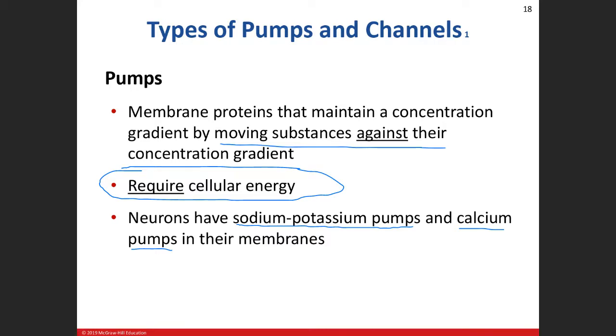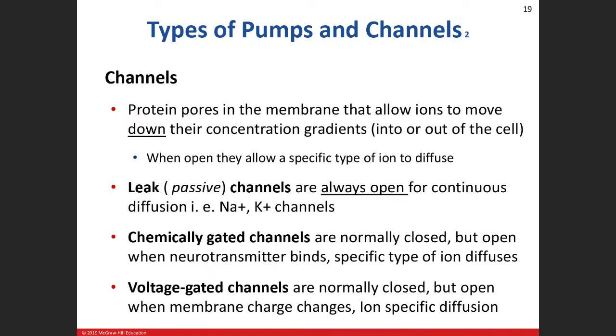But now, the other type of transport protein that we're going to talk about are channels. Okay? And there's 3 types. We're going to get into that. Right? But think of channels as a hole in the plasma membrane. Okay? We describe them as a pore, but a hole is fine. Okay?